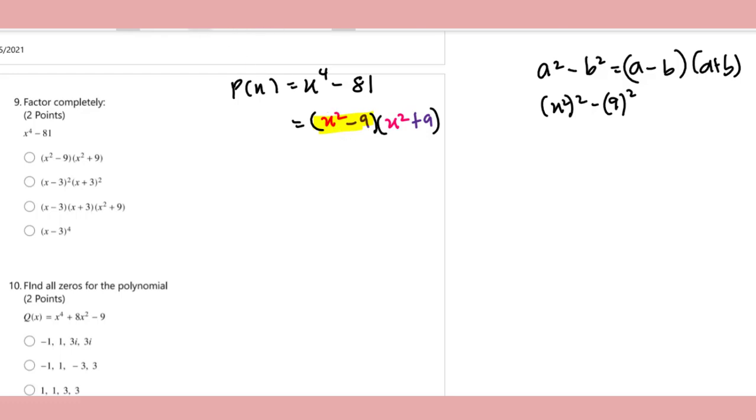This one is in the form (x minus 3)(x plus 3). That one, x squared plus 9, cannot be factorized unless you use complex numbers. So (x minus 3)(x plus 3)(x squared plus 9). This one is the answer.